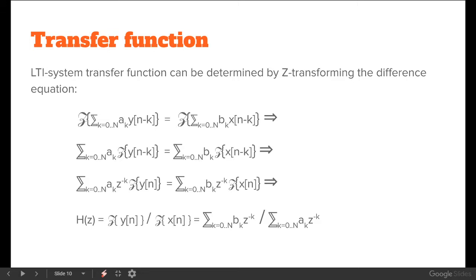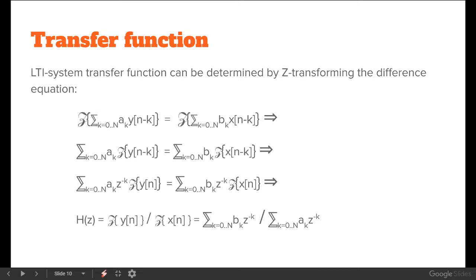And my transfer function was defined basically so that it's the Z transform of output divided by Z transform of input. Right.